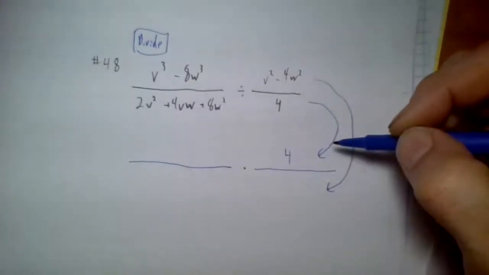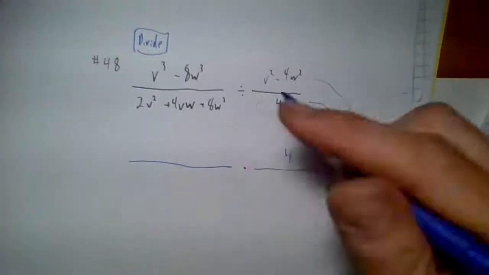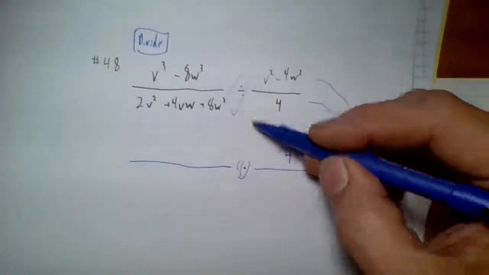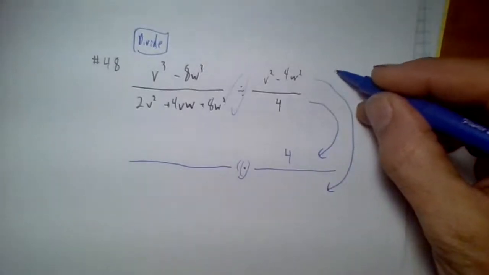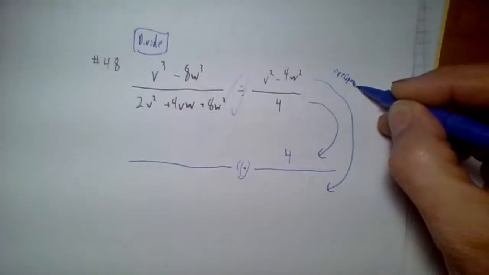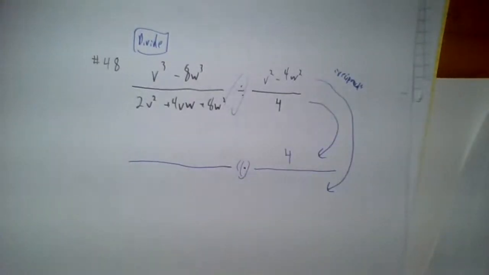The 4 is going to go on top, and the factors of this thing are going to go on the bottom, because that's what turns division into multiplying, this reciprocal that's going on. That's our math word for flipping this thing over. Reciprocal of a fraction flips it over, turns that numerator into a denominator.